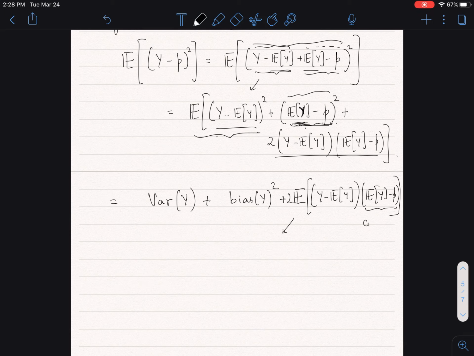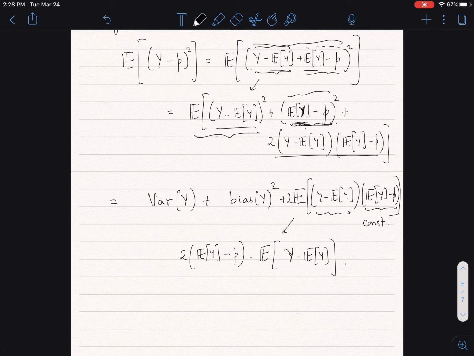The expected value of something times a constant will just be that constant times the expected value of the something. Now I don't need the extra parenthesis over here.